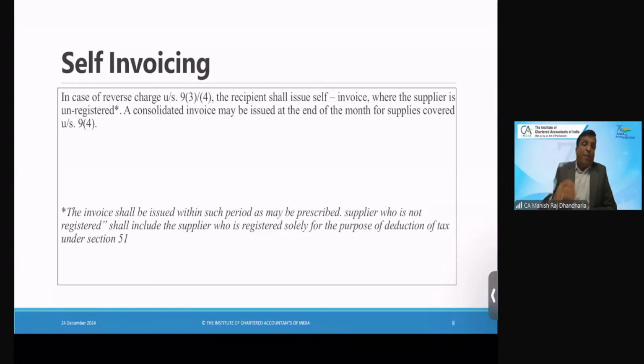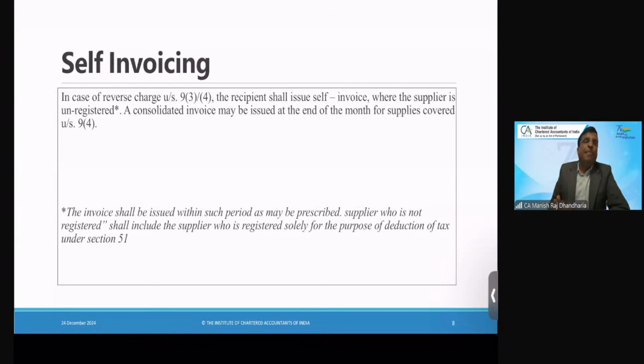Now, you might have studied RCM. Please, someone in the chat box, let me know, have you all done the RCM, reverse charge mechanism? Fine. In case of RCM, what happens? The recipient of goods or service pays the tax.